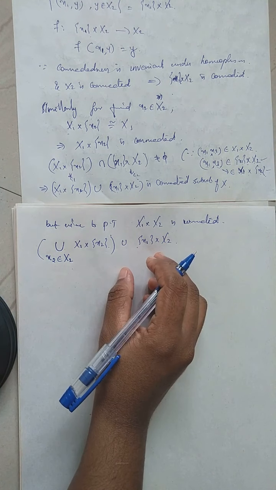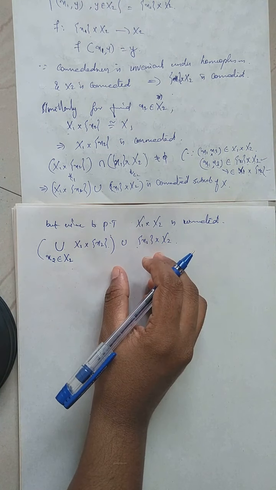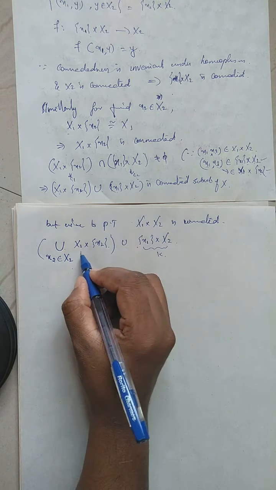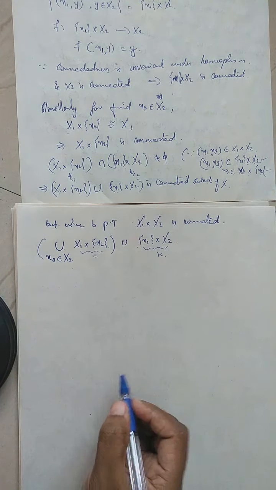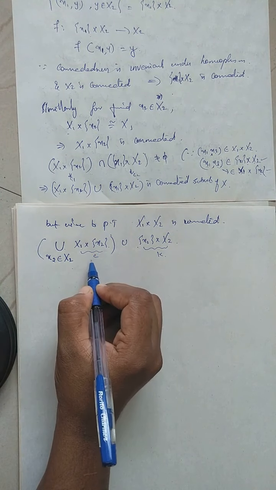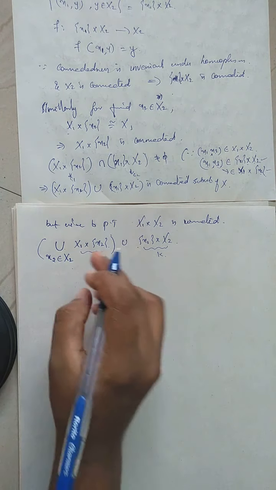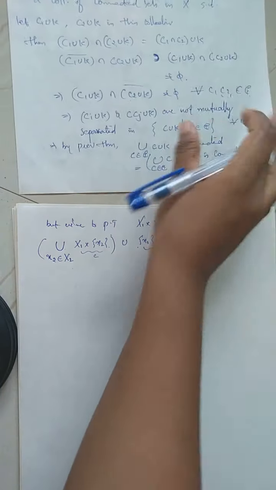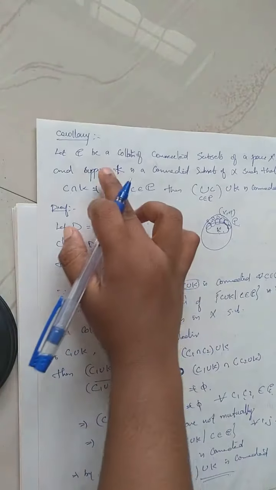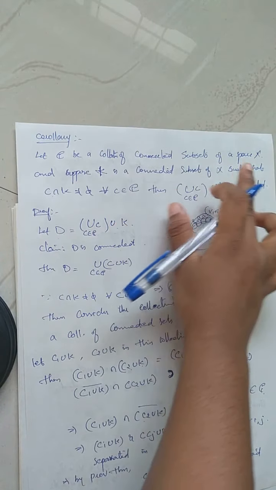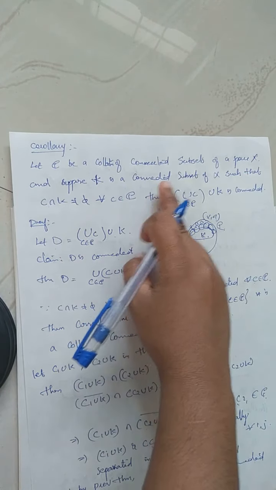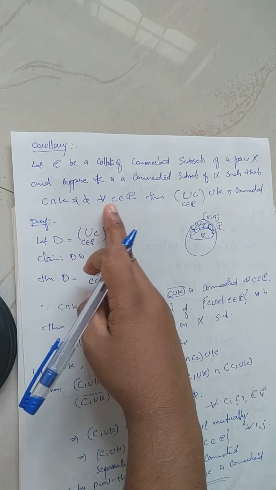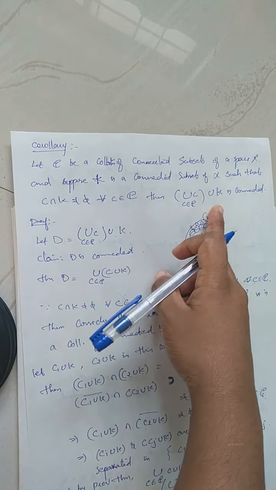Yes, because by the previous theorem, when you consider this as some K and these as some C's, we have a corollary that we proved: when C is a collection of connected subsets of a space X and K is a connected subset of X such that C intersection K is not equal to empty for every C in the collection, then the union will be connected.